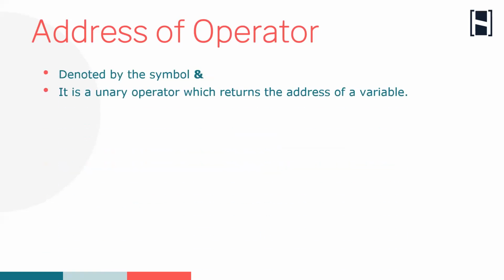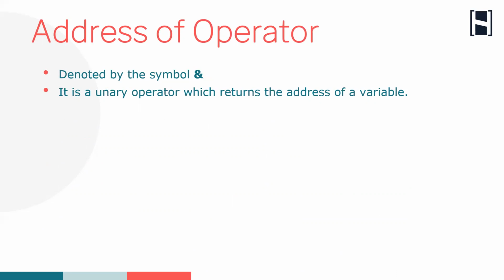It is going to return the memory address that is allocated for a variable. Another name by which we can refer to the address of operator is the reference operator.